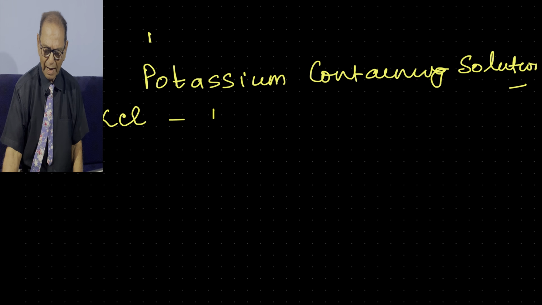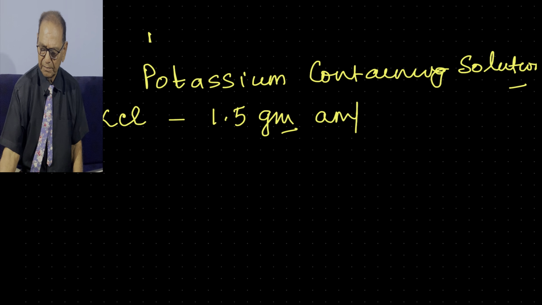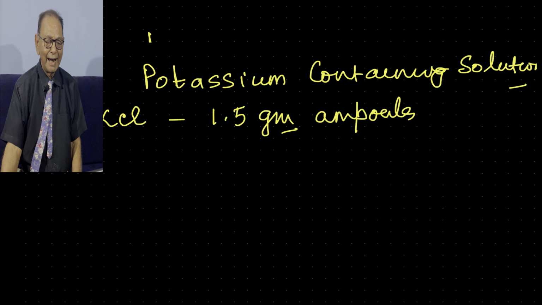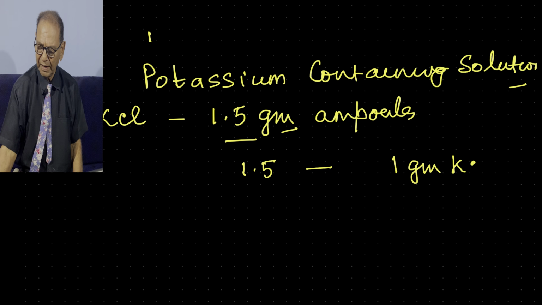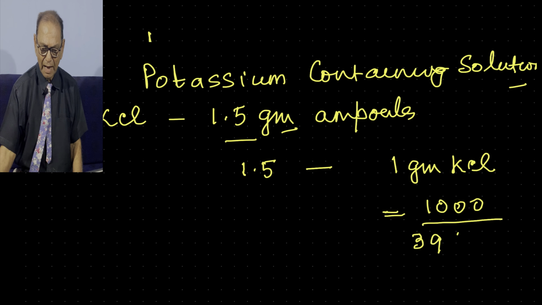It comes in ampules having 1.5 gram. Let us see how much milliequivalent it contains. 1 gram of potassium in the form of KCl is 1000 milligram, and divide it by the molecular weight, that is potassium 39 plus chloride 35.5.